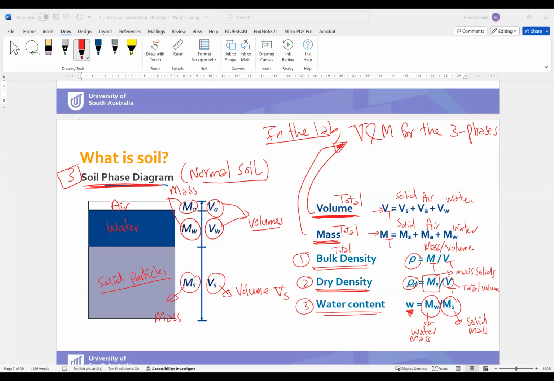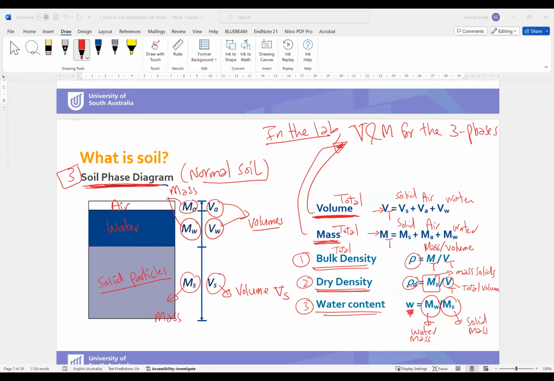Yes. Thank you, Ren, for your question. For the bulk density, the volume is V total, the total volume of the solids, air, and water. Also for the dry density, we take only the mass of the solids divided by the total volume. So for bulk and dry density, we use the total volume.